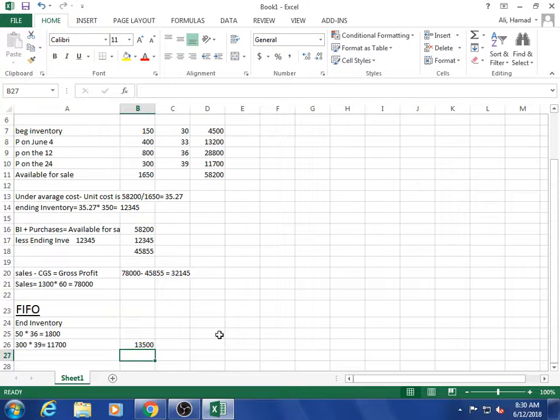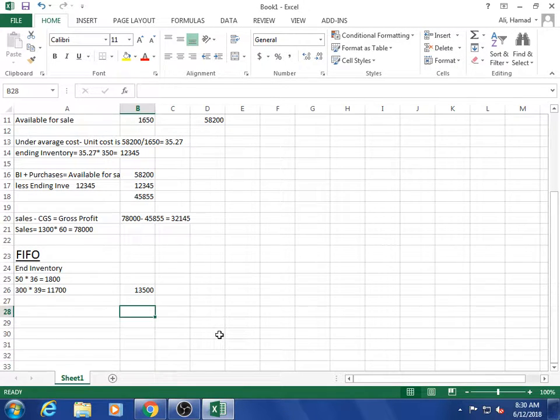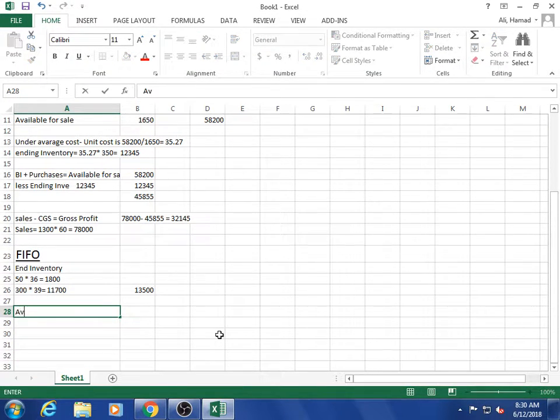Okay, now we need to find cost of goods sold. Available for sale, we already know. Cost of goods sold, one more time: available for sale minus ending inventory equals cost of goods sold.